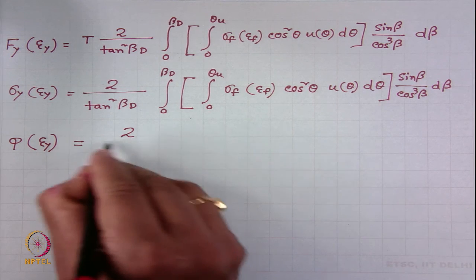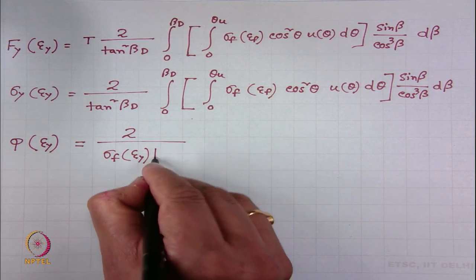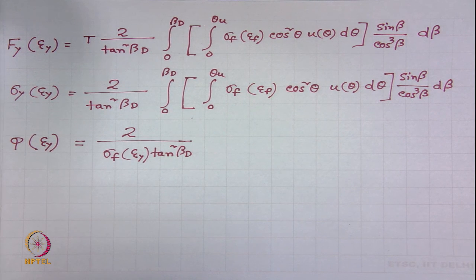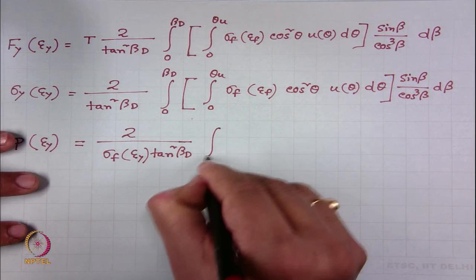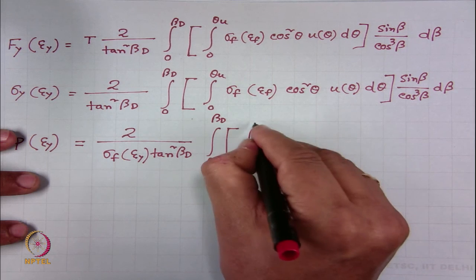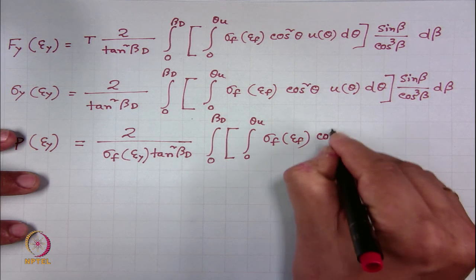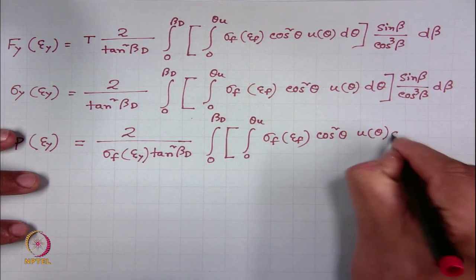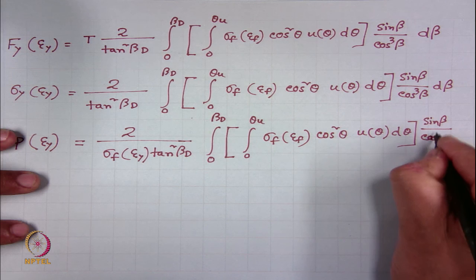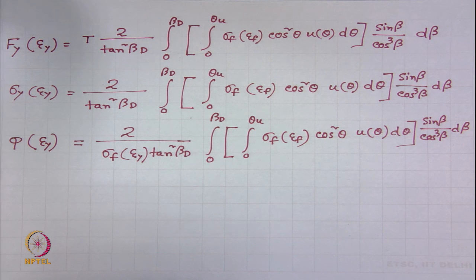So, 2 by y tan square beta d, beta d, 0 to theta u, sin beta by cos cube beta d beta.